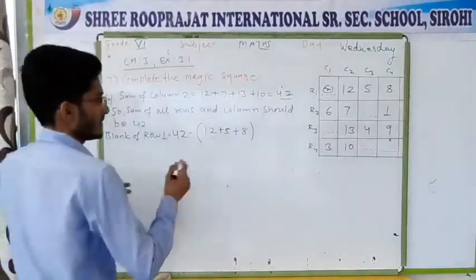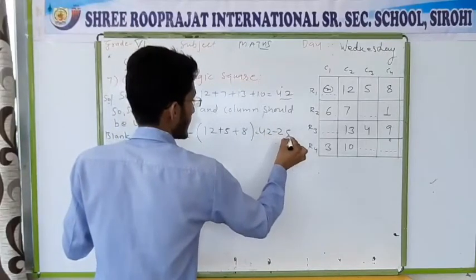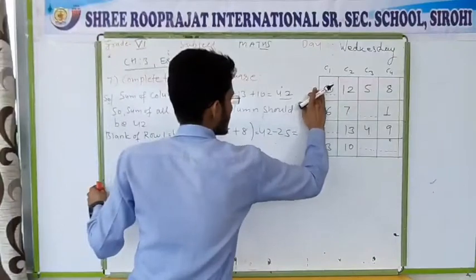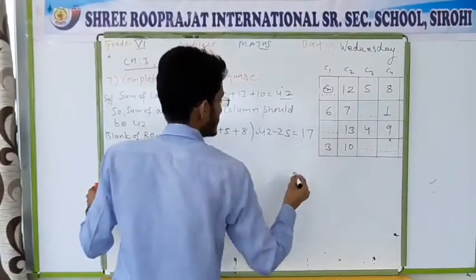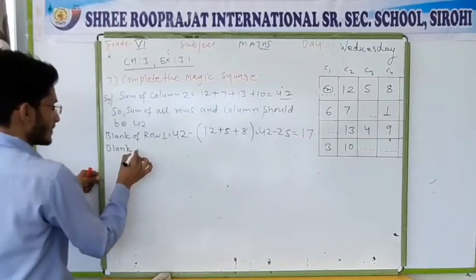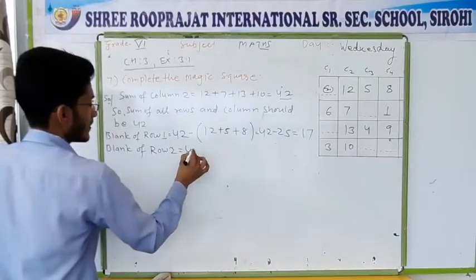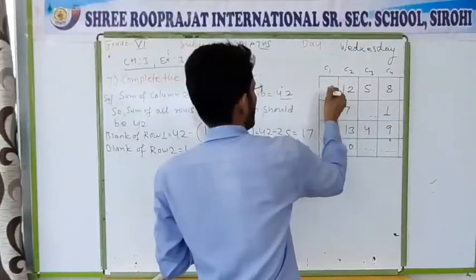So we just solve. We know that it is 42 minus 25, and the answer will be 17. Now the blank of number 2. So here we can write 17.